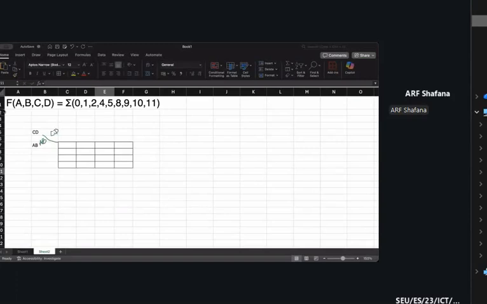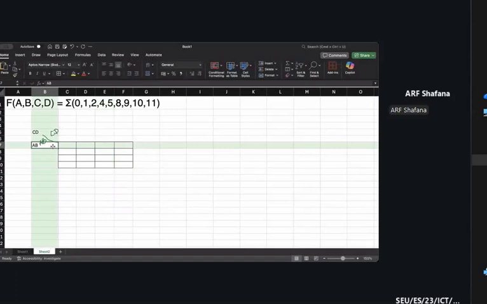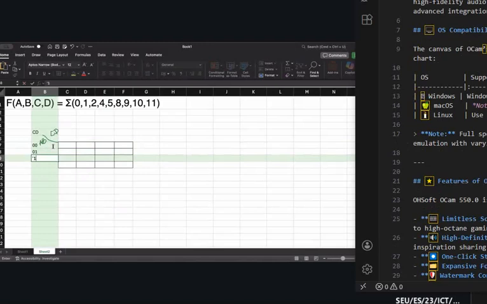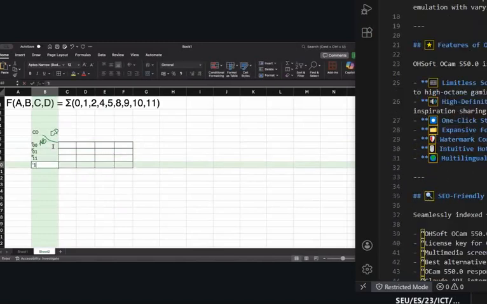Right? So I'll first teach you how to directly map it. So this is AB and CD. I will also put up the values. So this is going to be 0, 0, 0, 1, 1, 1, 1, 0.